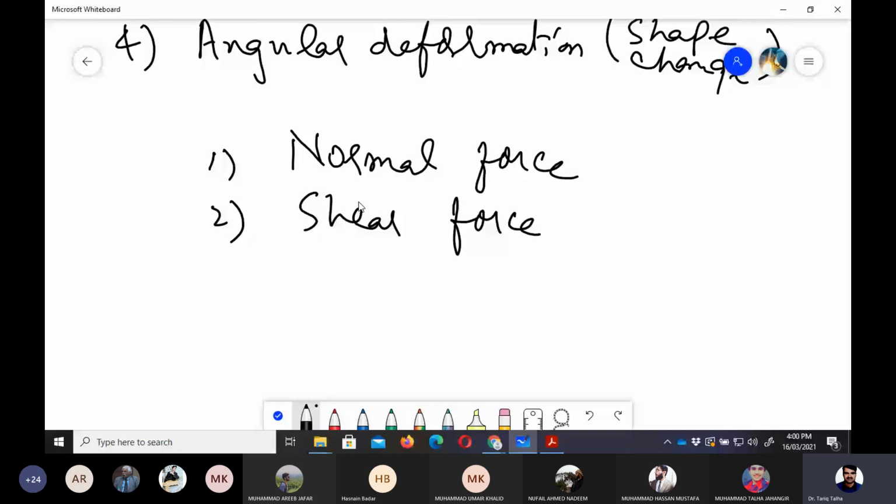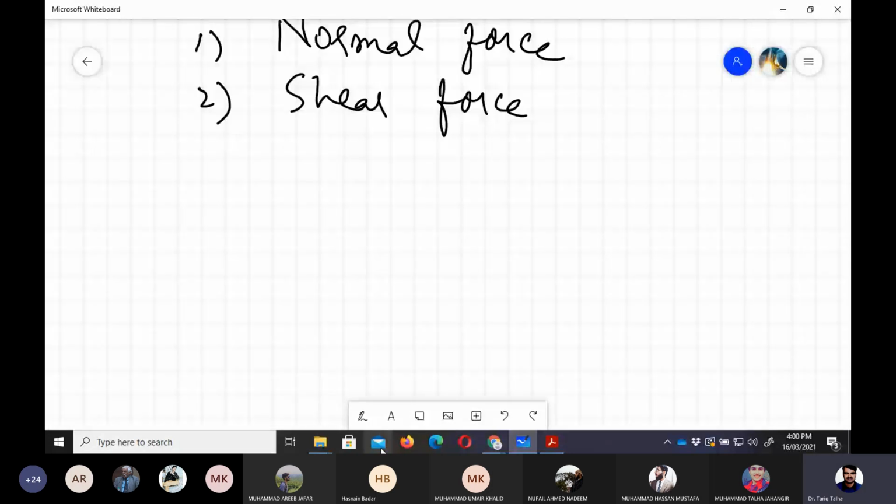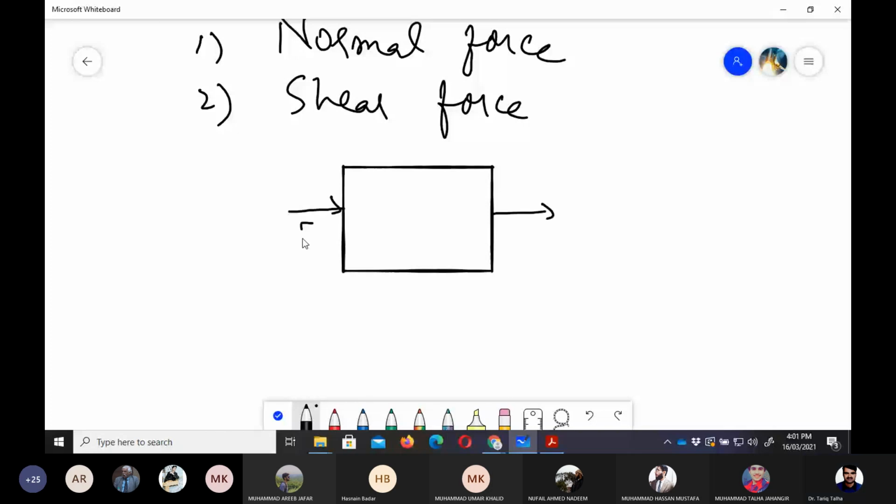Now, if we have got an element, let me explain it further. If we have an element and on this axis we have equal forces, it means that F1 is equal to F2, right?